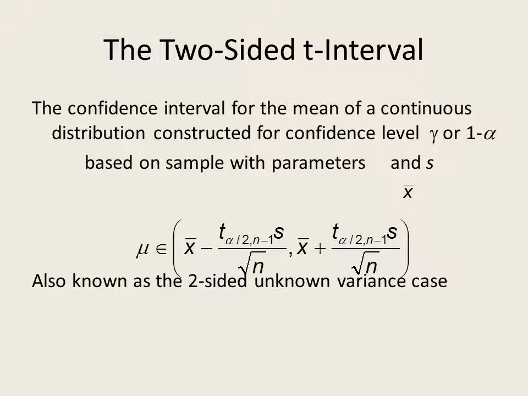Thus, if somebody told you to use a 95% confidence interval, you'd look up the value for 97.5 and n minus 1 and come up with that t value. Multiply by s, divide by the square root of n, and then use that value as x bar plus that and x bar minus that. Those are the two sides of the confidence interval. That's also known as the two-sided unknown variance case.